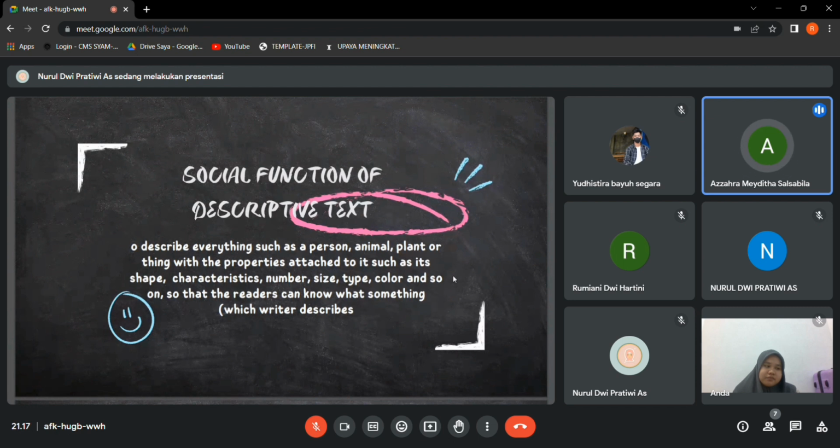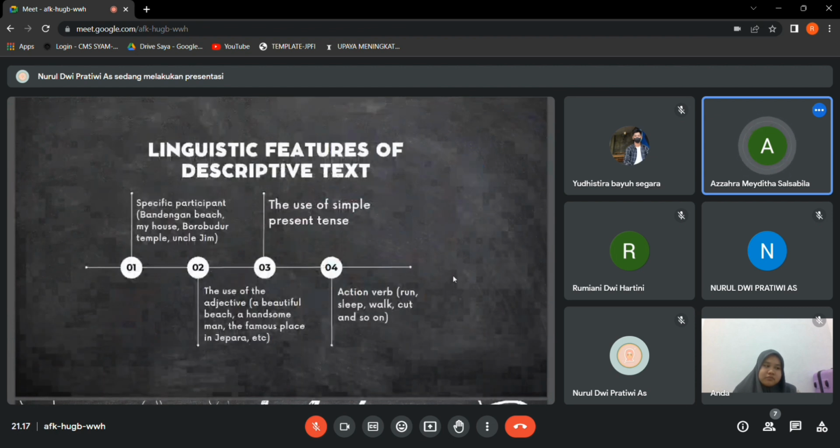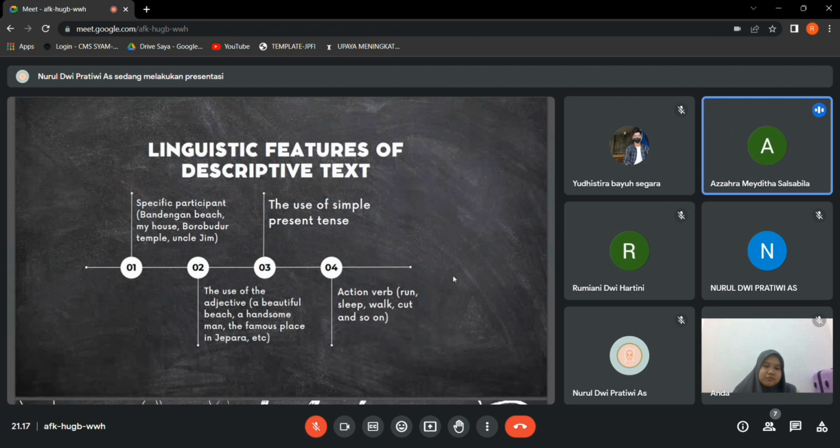And the last is the linguistic features of the descriptive text. The first one is specific participant. Examples of specific participants are Bendungan Beach, my house, Borobudur Temple, or Uncle Jim. And the second is the use of adjectives.